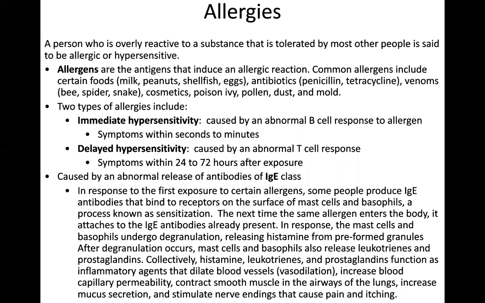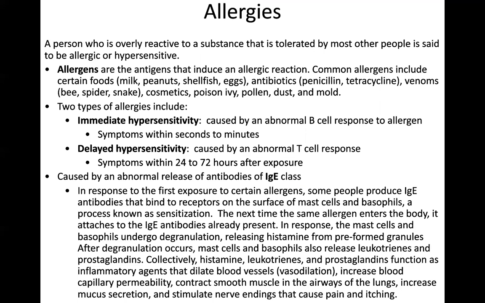Together, those three different chemicals function as inflammatory agents that do things like dilate your blood vessels. So that's why it might appear red. It's vasodilated. They increase blood capillary permeability. Remember, that's where stuff can leave the blood, like the fluid, which can trigger a little bit of swelling. They also trigger contraction of the smooth muscles in the airways, which makes it more difficult to breathe, or you might feel a little bit wheezy.